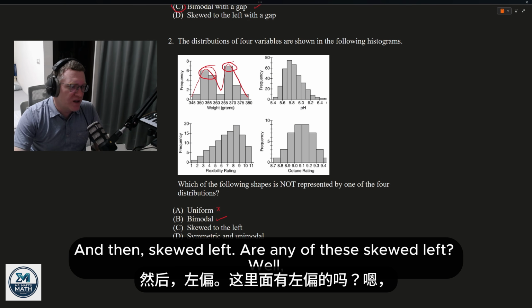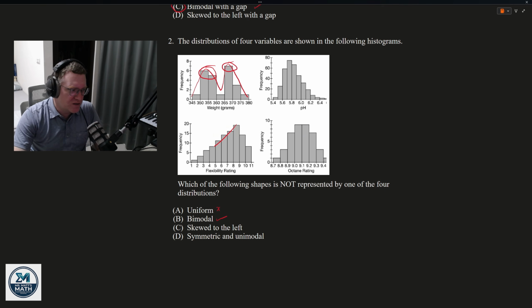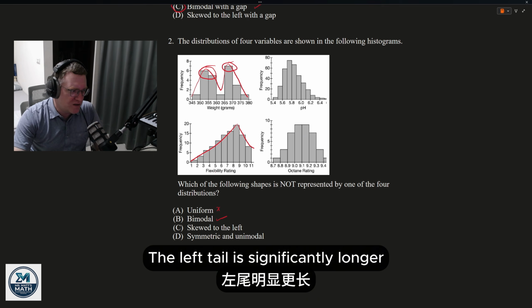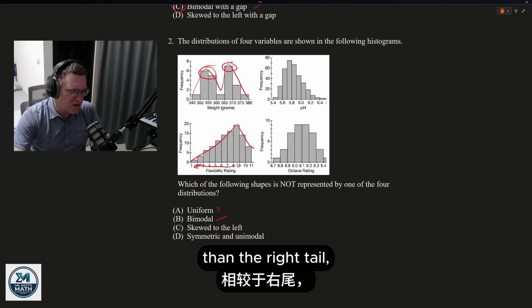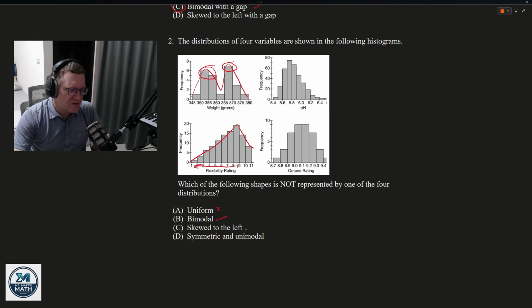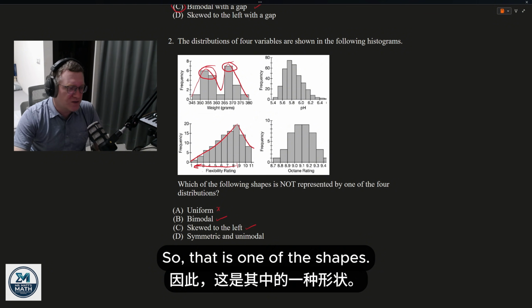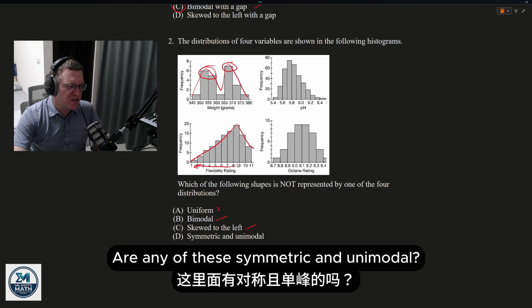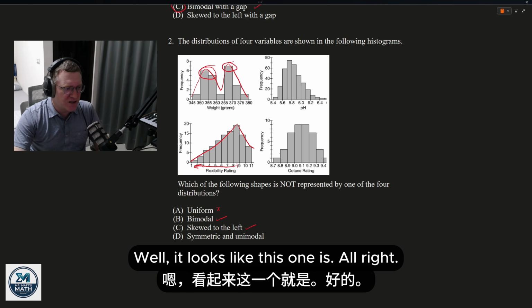And then skewed left. Are any of these skewed left? Well, yeah, this one is. This is the left tail, and this is the right tail. The left tail is significantly longer than the right tail, so that means it is skewed to the left. So that is one of the shapes. And then symmetric and unimodal. Are any of these symmetric and unimodal? Well, it looks like this one is.